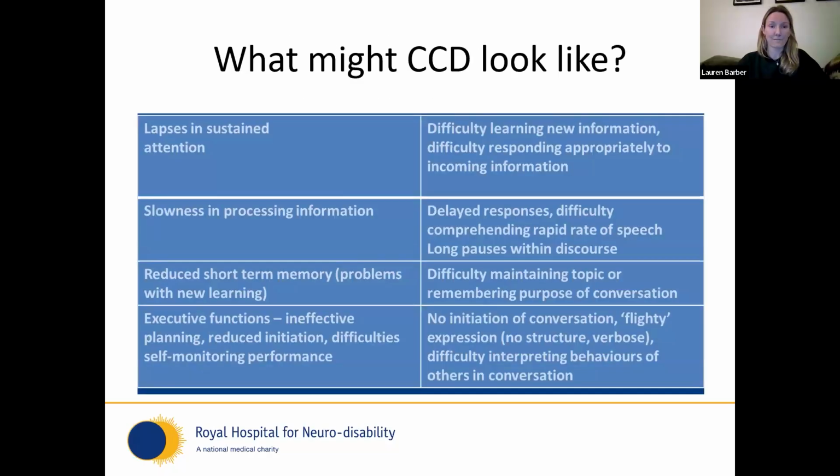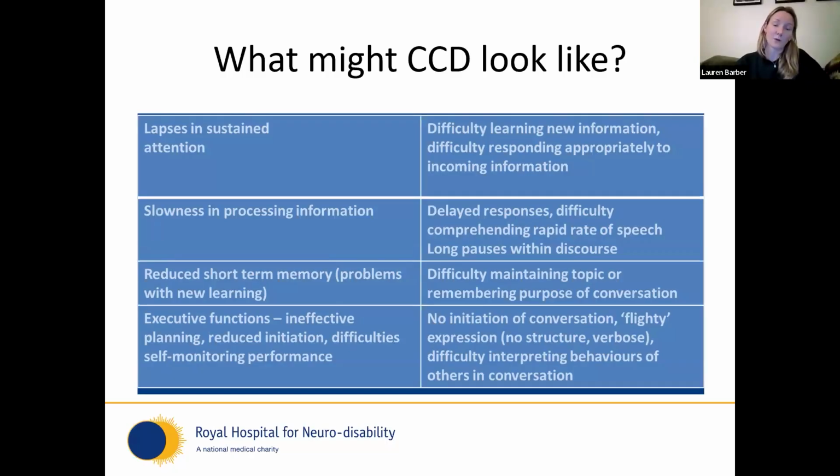Okay, so this slide kind of just summarizes what I've said already. But other things that might impact their communication are long pauses within the discourse. So that comes back to that information processing delay. They might not be able to maintain the topic.